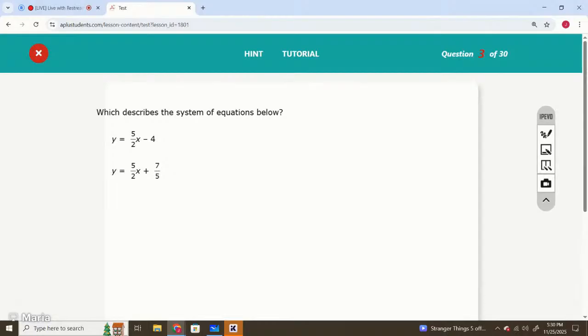Which describes the system of equations below? y equals 5 by 2x minus 4 and y equals 5 by 2x plus 7 over 5.